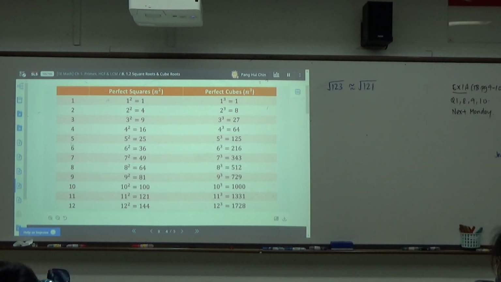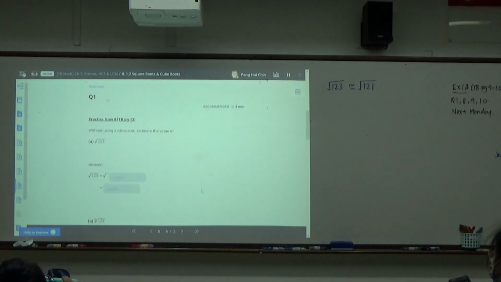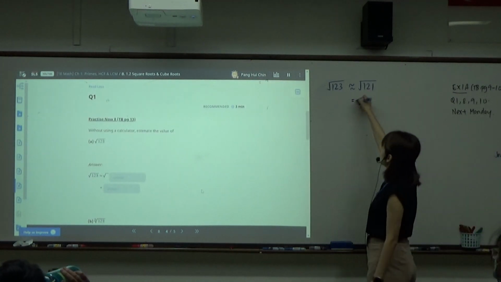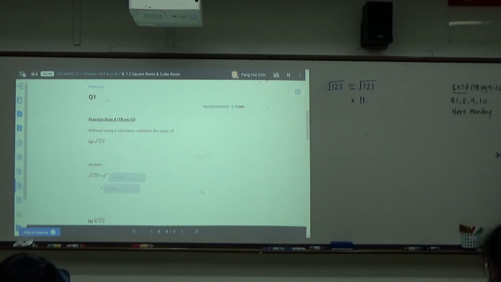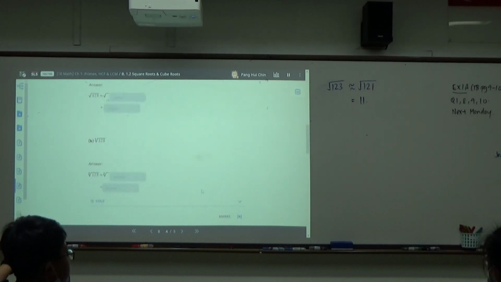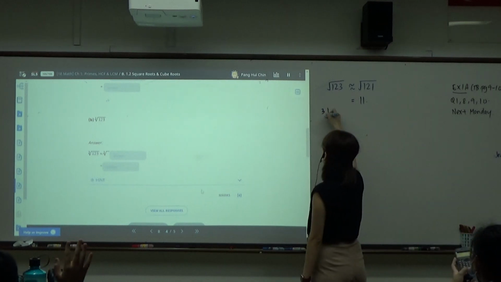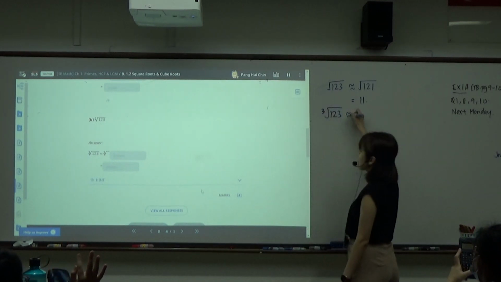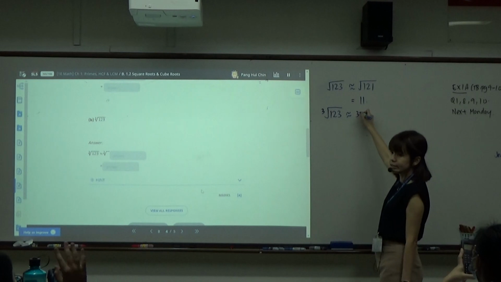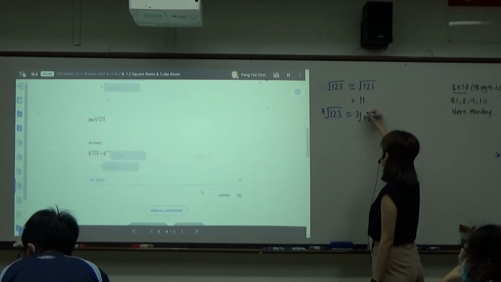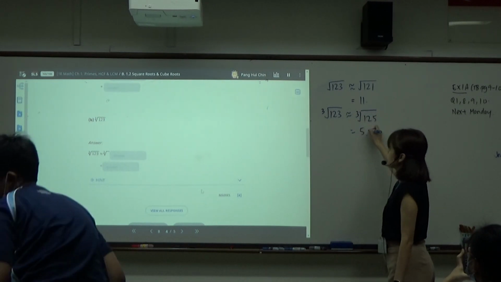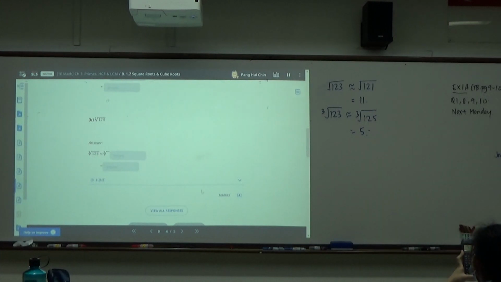And then that will give us 11 as our answer. Right? And then for cube root of 123, what should we choose? 125, right? Yes. And that will give us 5 as our answer.